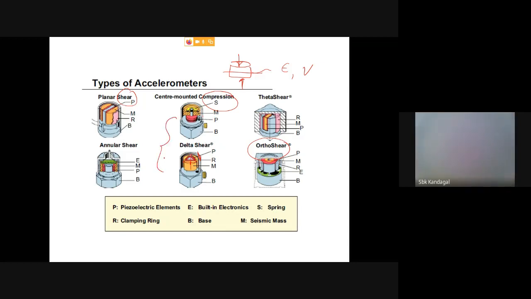The major difference between the delta shear and compression accelerometers is that the delta shear one has a higher sensitivity, because of the piezo crystal size. It is better, and the area in which the deformation occurs is much higher. Compression accelerometers are always used uniaxially, but these are high sensitivity accelerometers used wherever you need low frequency and high sensitivity.